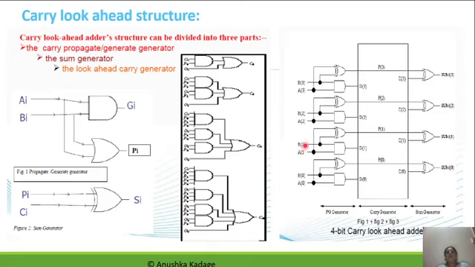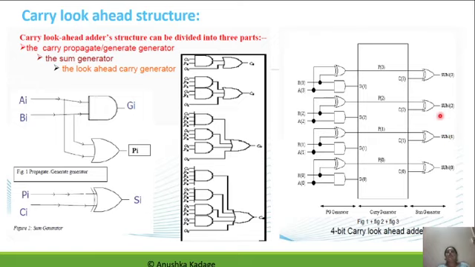Similarly, in case of A1 and B1 addition, carry generation and carry propagation will be given by this XORing and ANDing operation. Through that, G1 and P1 will be generated. C1 has already been generated from this carry generator block. This C1 is XORed with P1 to give the sum at the first bit position.